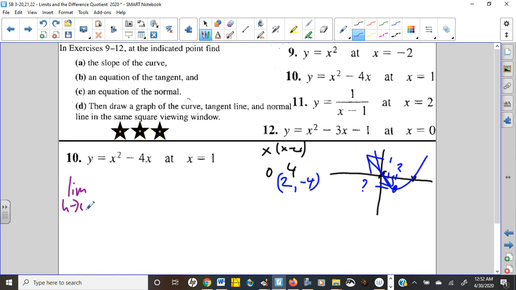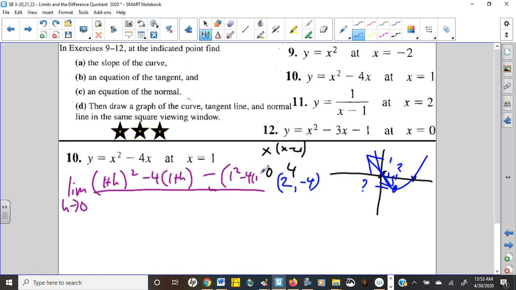So the limit as h goes to 0. I'll do the work within the problem this time. So we're going to do 1 plus h squared minus 4 times 1 plus h. So that is f of 1 plus h, but now I have to subtract f of 1, and that would be 1 squared minus 4 times 1.